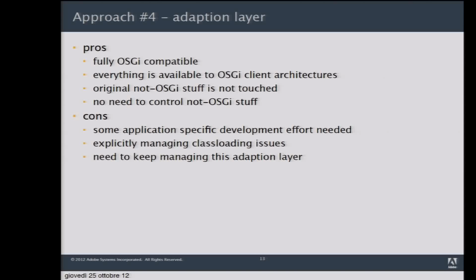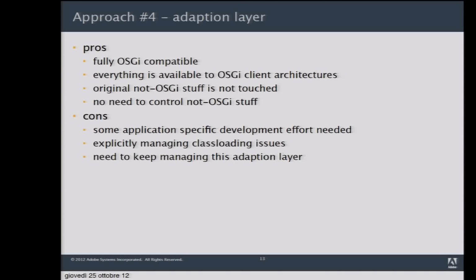The fourth approach is an adaptation layer, which has the good thing that everything is available to OSGi client architectures. The original non-OSGi stuff is not touched, so we're developing an upper layer.